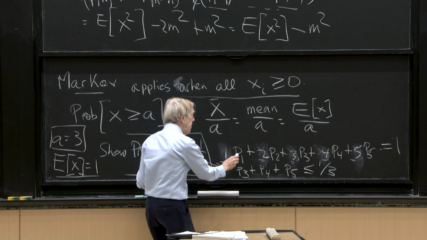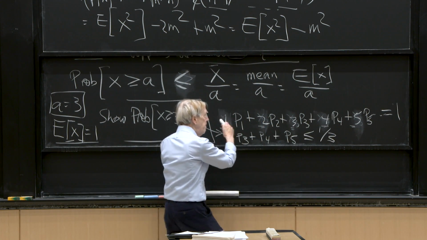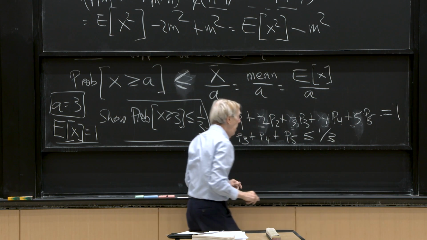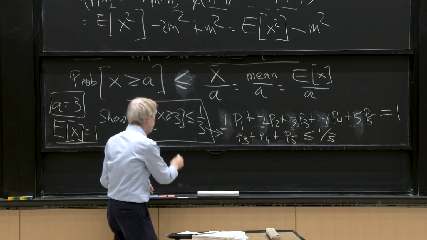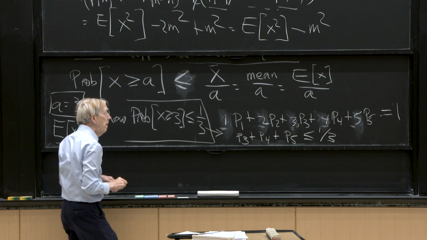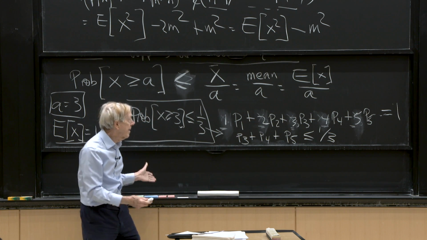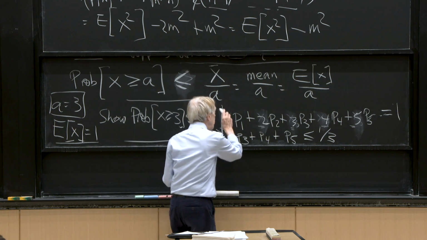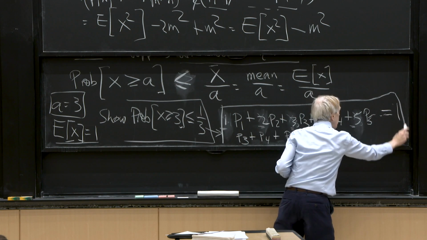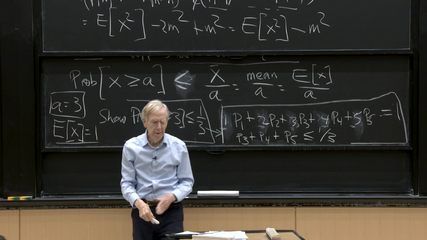Their probabilities are P1, P2, P3, P4, P5. The mean is 1. And what I want to show is that the probability of being greater or equal 3 is less or equal 1/3. Can you put these two together? Can you conclude that, given this?